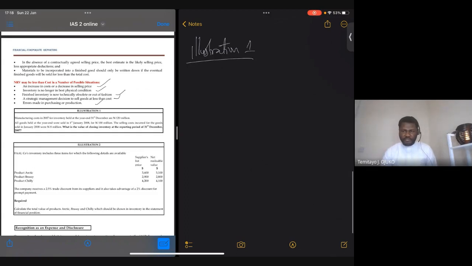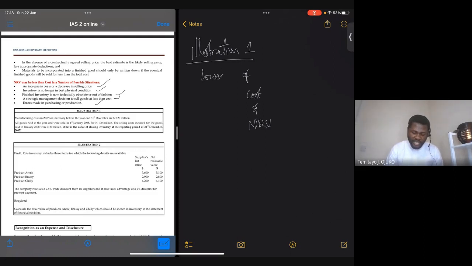Let's not forget, what we are still saying is inventory should be measured or valued at the lower of cost and net realizable value. Now, this question is saying that in 2007, there was an inventory that was bought for 120 million, and they were still held at the year end, but were sold the following year for 100 million.